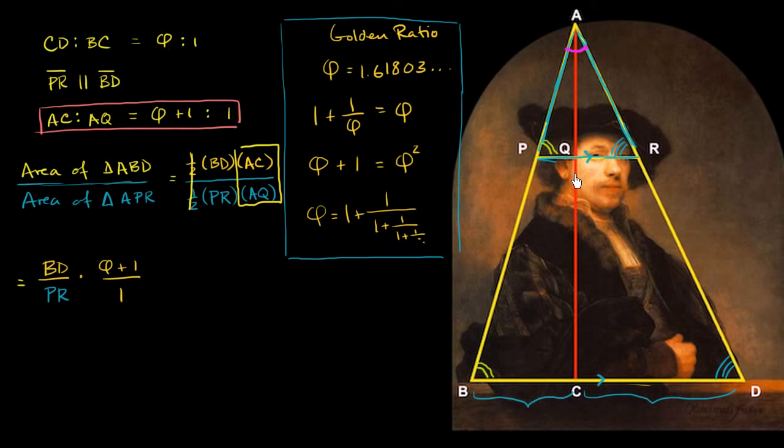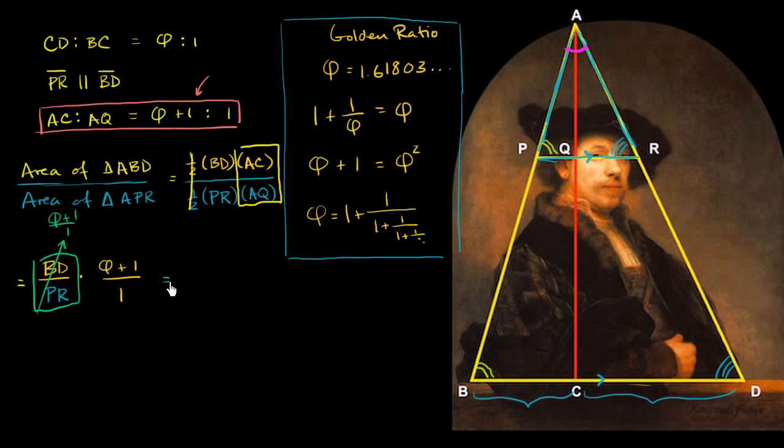But since this is true for one corresponding part of the similar triangles, this is true for any corresponding parts of the similar triangles, that the ratio is going to be 5 plus 1 to 1. So the ratio of the base of the larger triangle to the base of the smaller one is also going to be 5 plus 1 over 1.